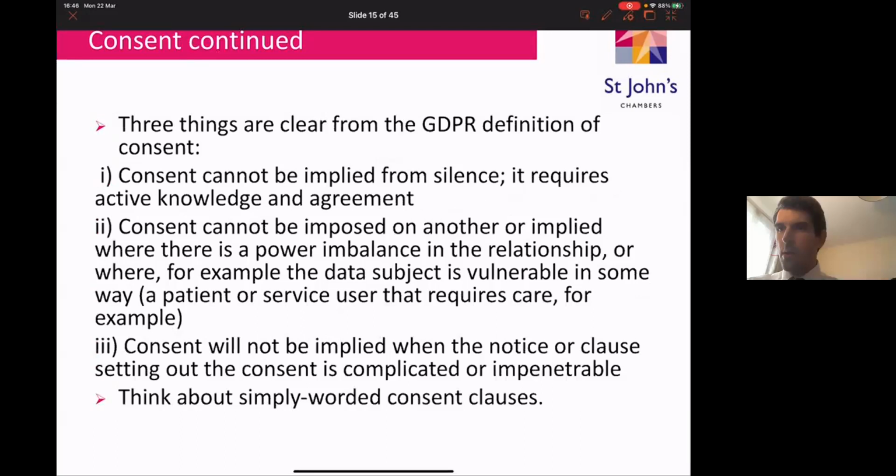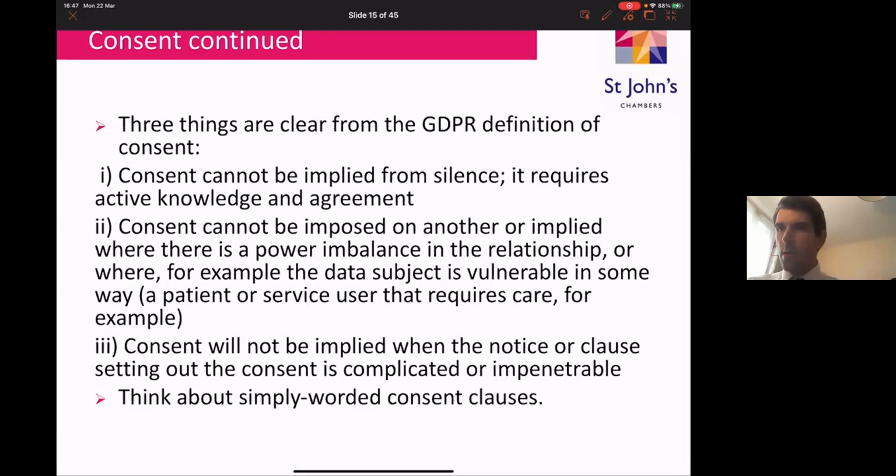Seems to me that three things are clear from the definition. It can't be implied. Consent requires active knowledge and agreement. It can't be imposed on another. But particularly, it seems to me, where there is some kind of power imbalance in the relationship between the data subject and the controller, which is most clear when you've got a patient or service user client as a claimant that requires care from an organisation like a health board or care home, for example, which is the controller.